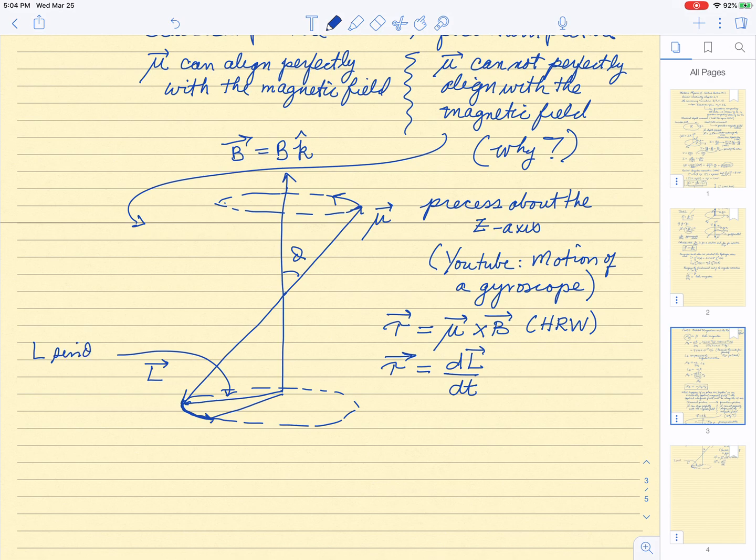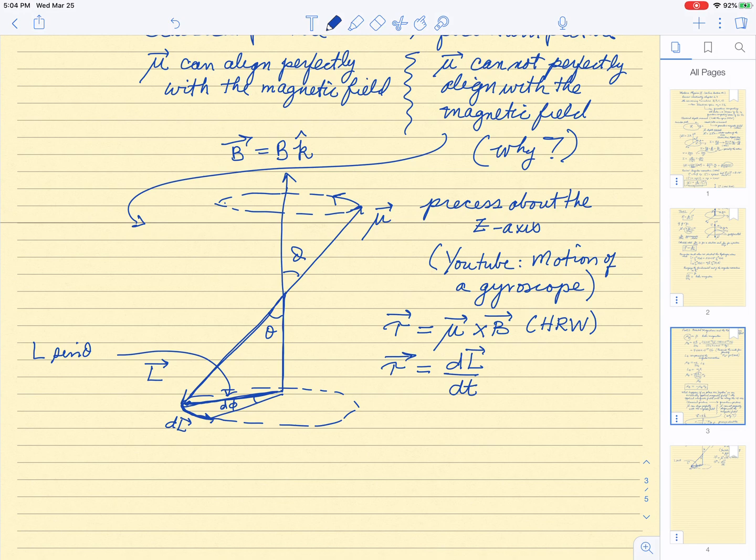Okay, again, if this is theta, then this is theta, and then looking at this right triangle here, then this distance here is going to be L times the sine of theta. We're going to call this angle in here d phi. Call this d phi. And then this arc length here will be dL vector.